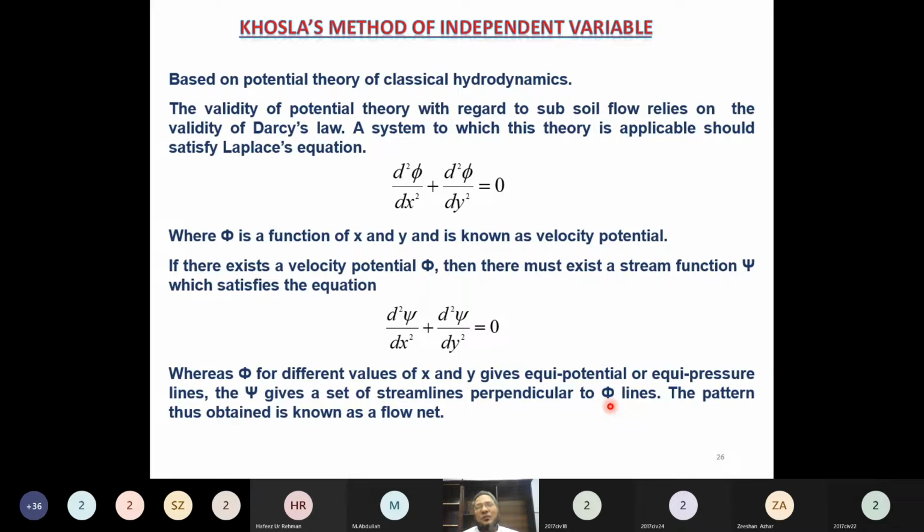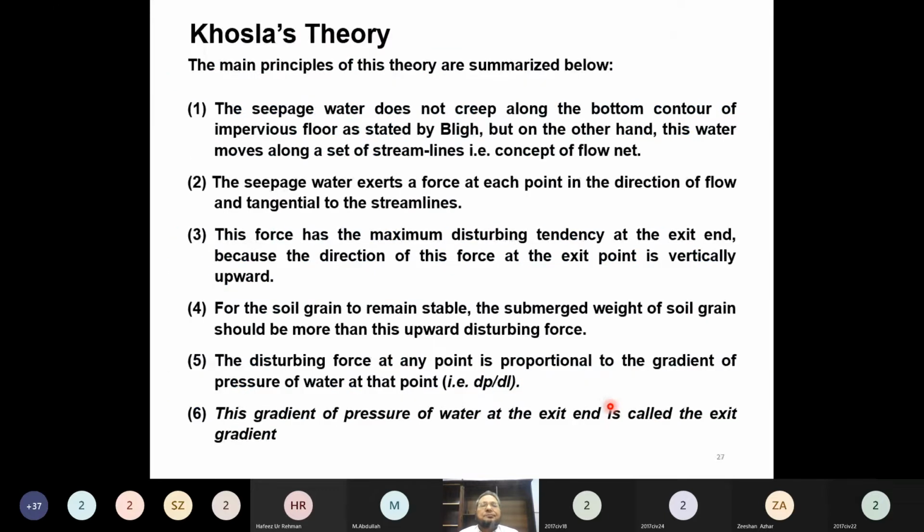So actually, Khosla says that the subsurface flow which takes place under the hydraulic structure does not follow the creep theories, but it moves as flow nets. Now, what are the main principles of this theory? Let us discuss one by one.